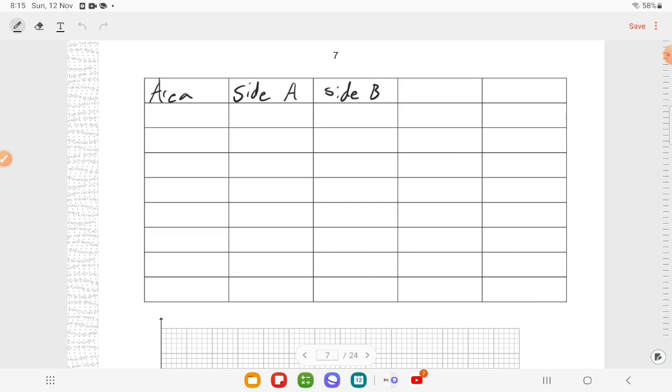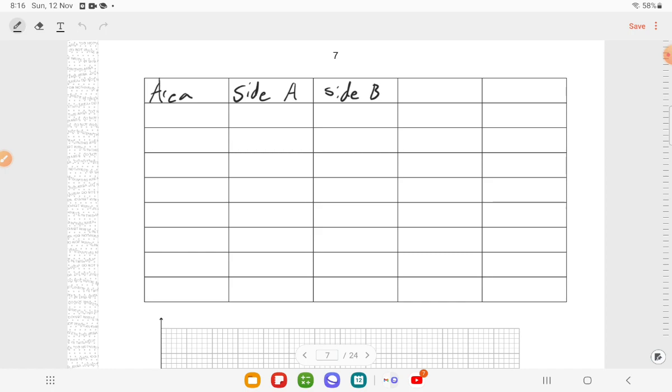So let me just, the equation was area equals 240A take away 2A squared.